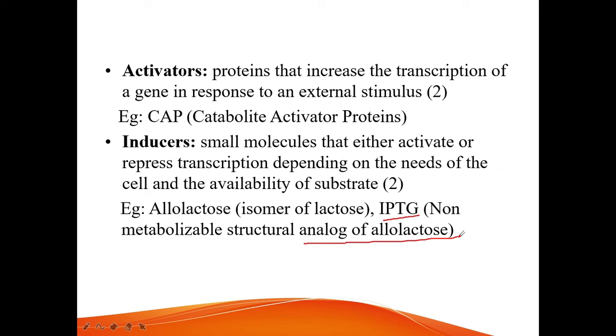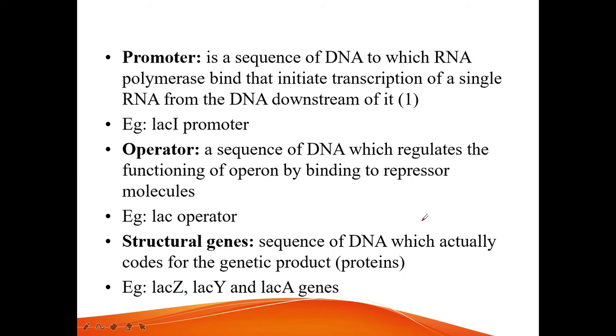Therefore, it binds to the repressor protein and produces a conformational change. But the main difference between allolactose and IPTG is the metabolizable nature. IPTG is non-metabolizable, mind it. IPTG is used in various molecular biology methods where LacZ is involved. You will get a clear idea when we watch the animation of how the Lac Operon works.